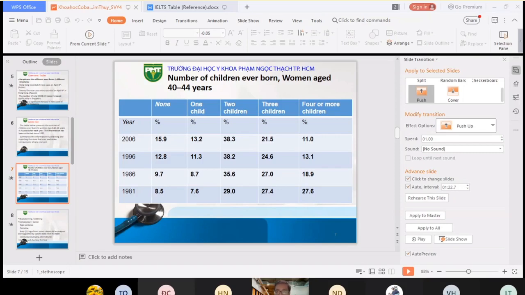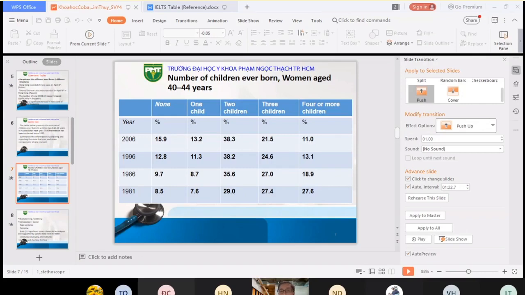Down to 27 and then down to 24.6, and then the figure continues to decline to 21.5. Let's talk about four or more children. Downward trend too.